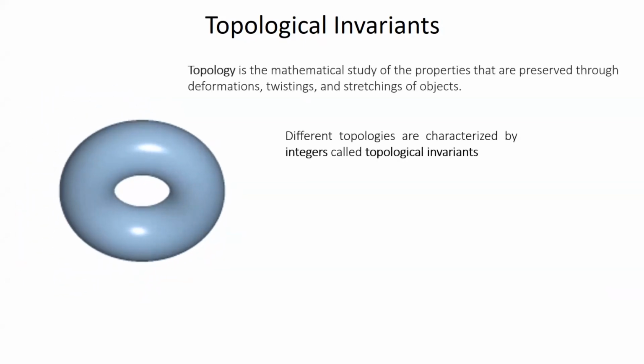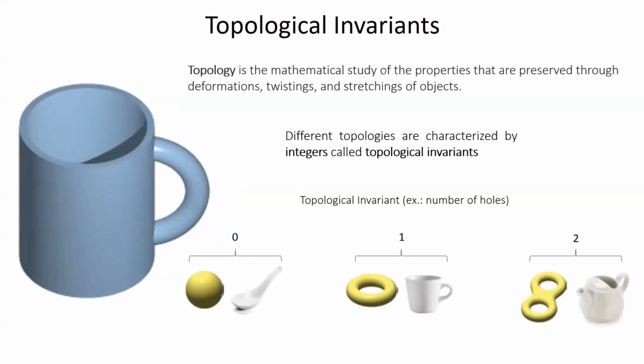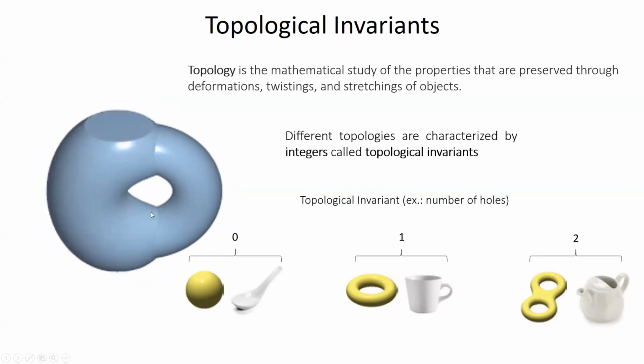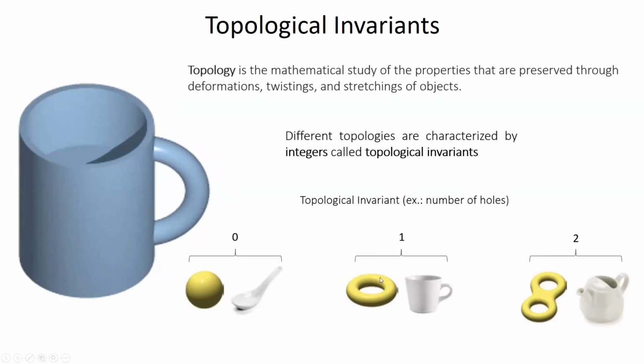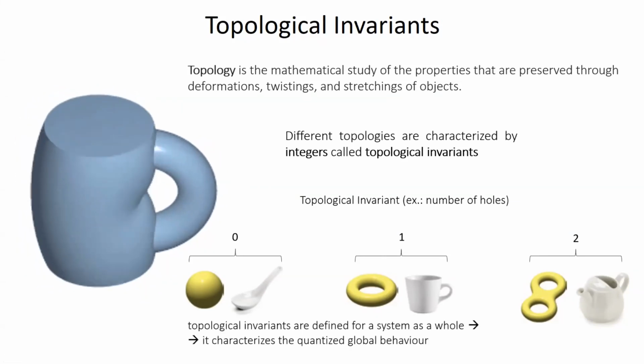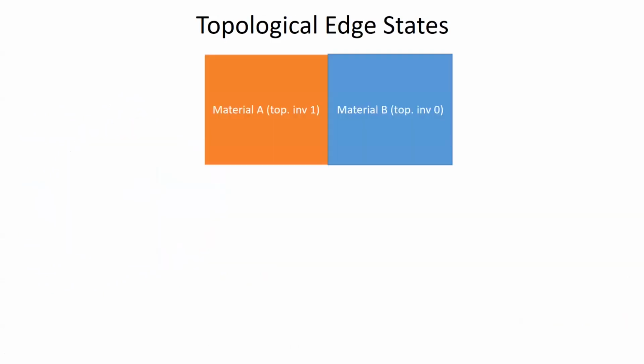Different topologies are characterized by topological invariants, which are integers. Like, for a cup and a donut, the number of holes is preserved. So the number of holes is a kind of topological invariant, which is like a system property. It characterizes its global behavior, like bulk behavior.